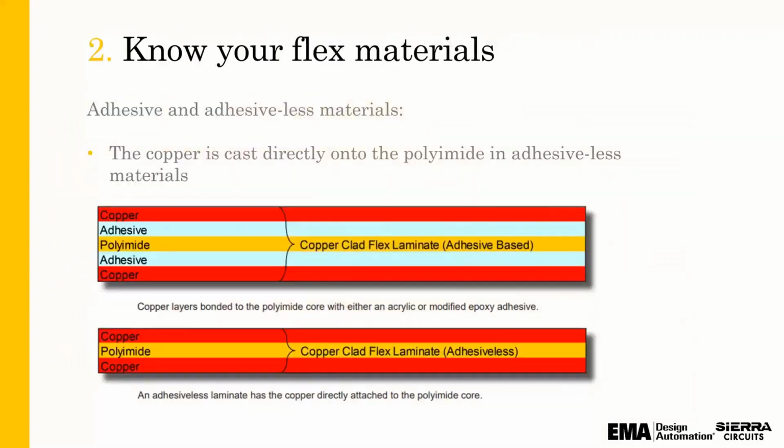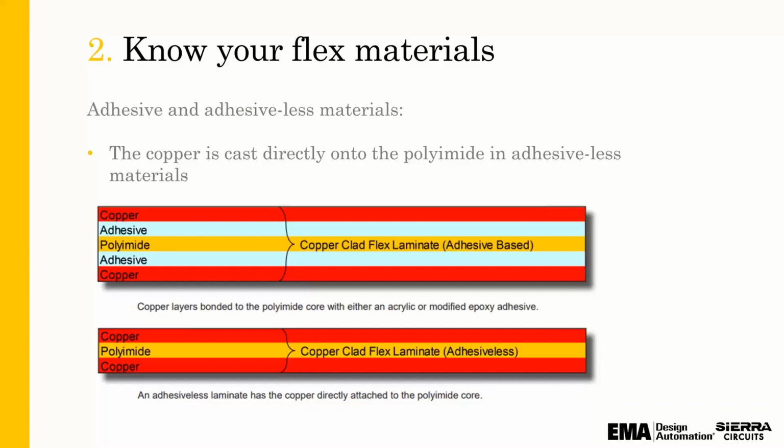So in terms of knowing your flex materials, there's really adhesive-based and adhesive-less. And I'm a proponent of adhesive-less because I've seen many instances where adhesive, although sometimes necessary, is a root cause for failure. There are things you can do in this type of material that make a more robust design, but it's still probably going to be an issue.